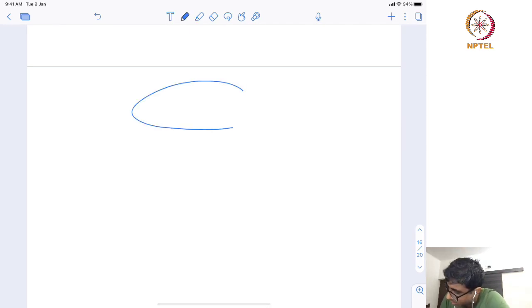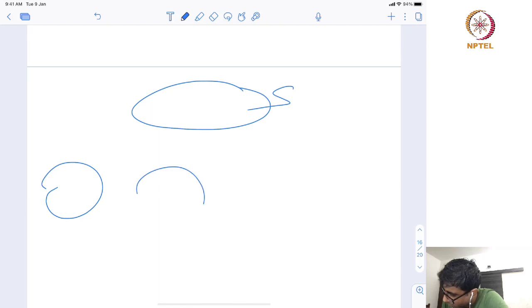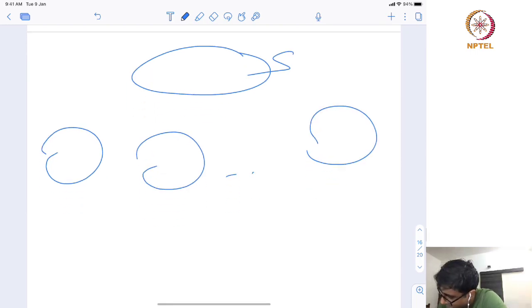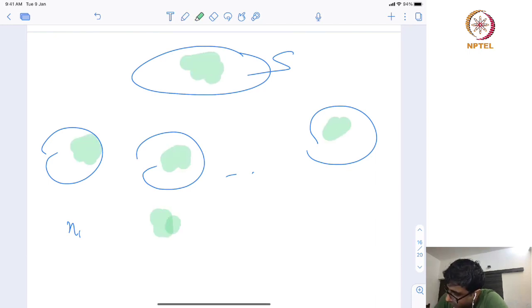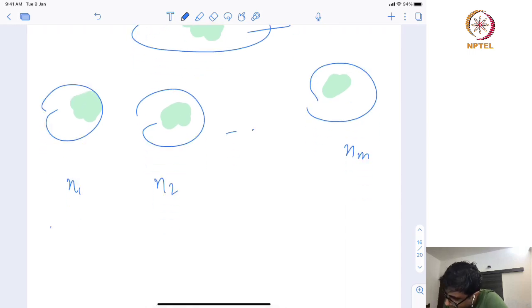Here is my set F, and here are my components. What is the property of these components? W gets distributed here. What is the property of each of these Ni?